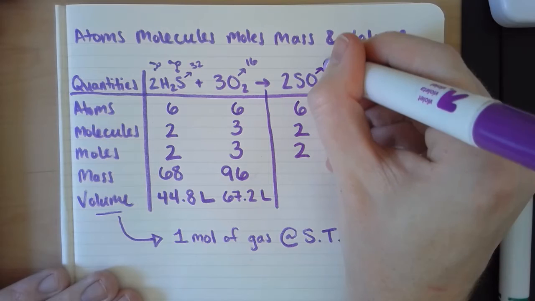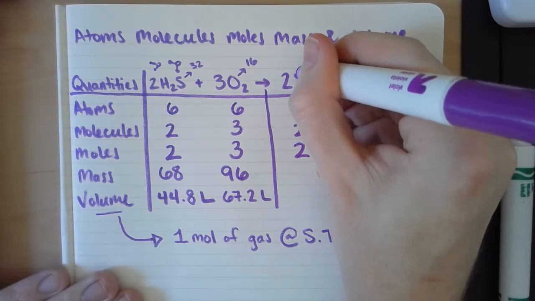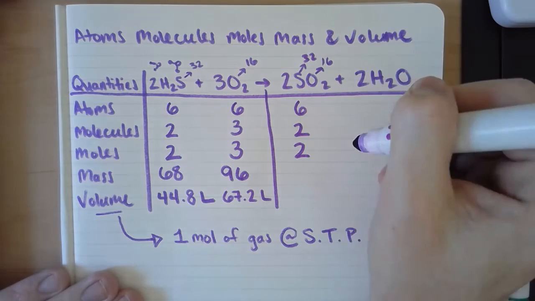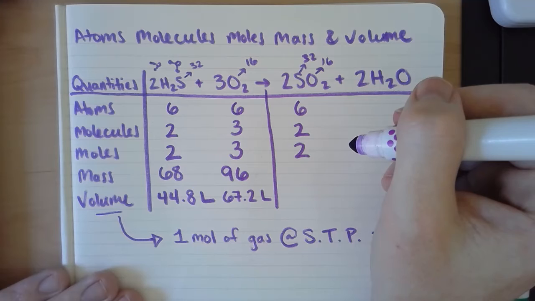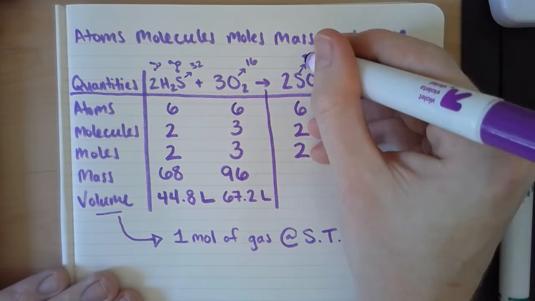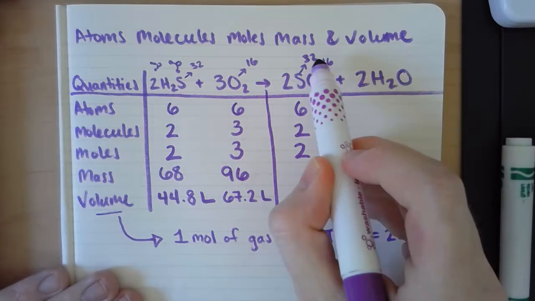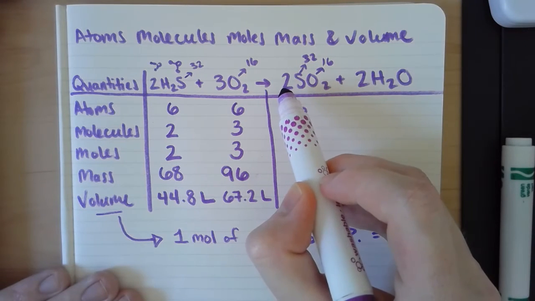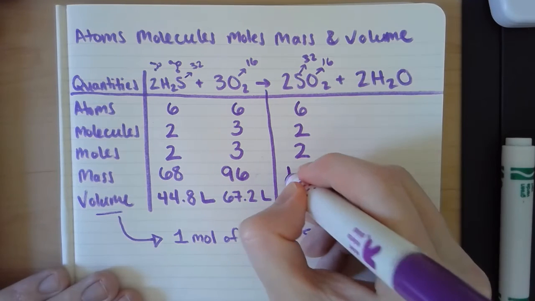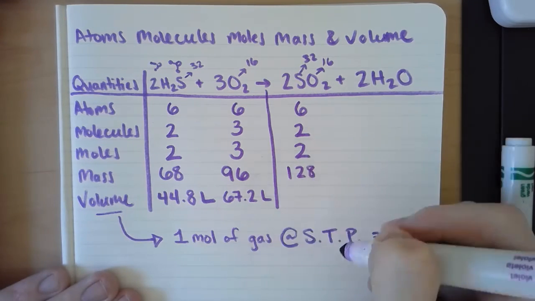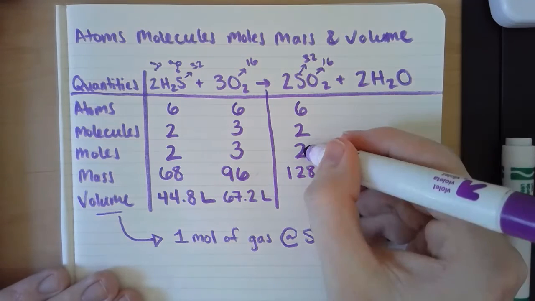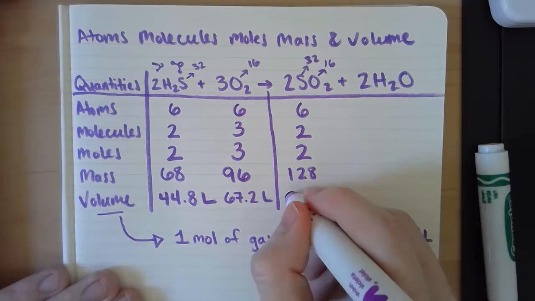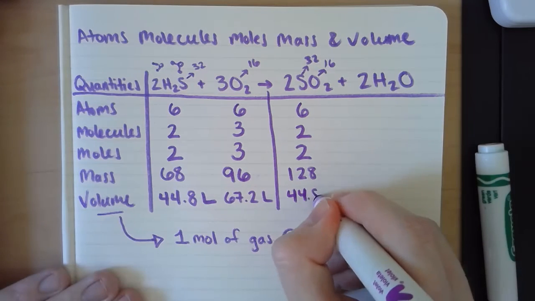Well, we take our 16 here, we take our 32 here. 16 times 2 is 32, plus 32 is 64, right? So 64 is the total, times 2, that's 128 grams per mole. Now we have 2 moles of this thing, right? So we multiply that by this number here. It's going to give us 44.8 liters.